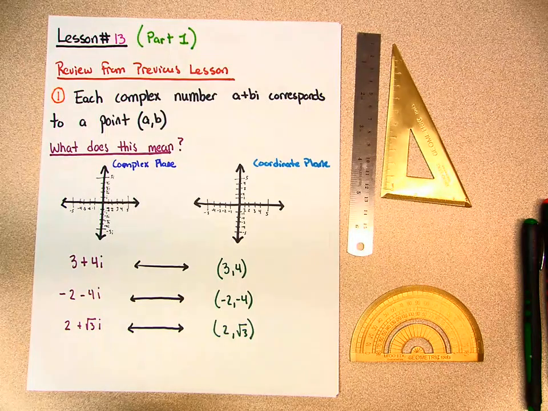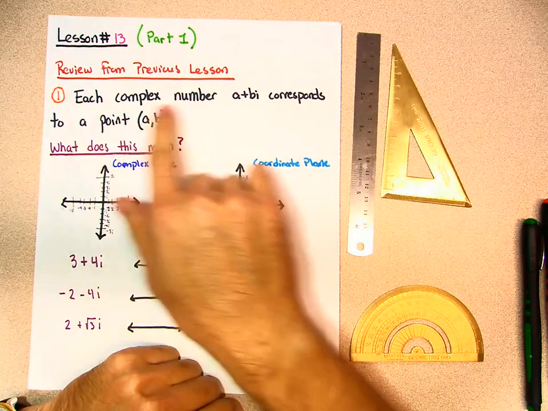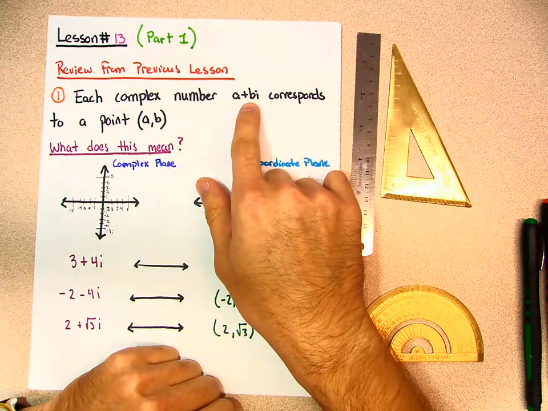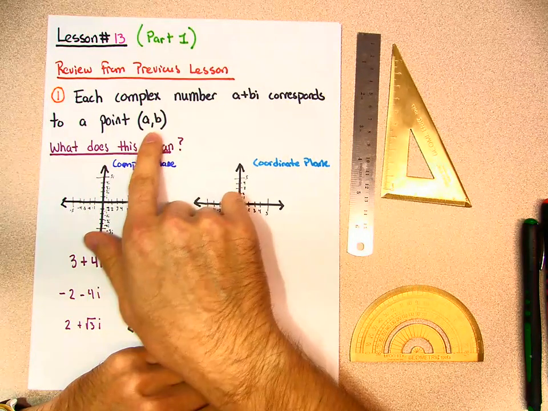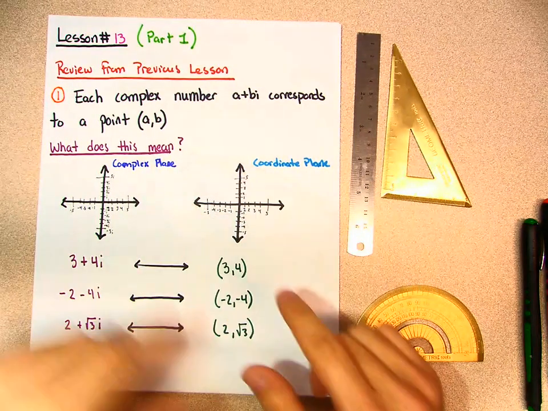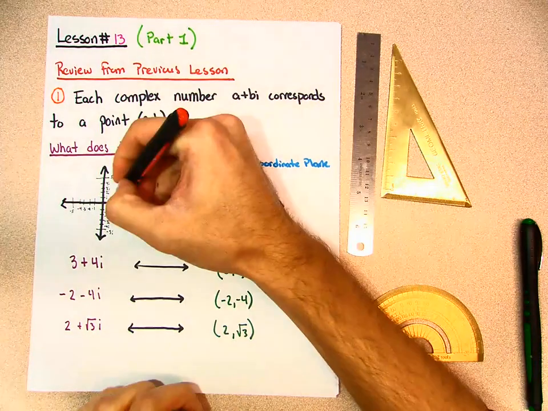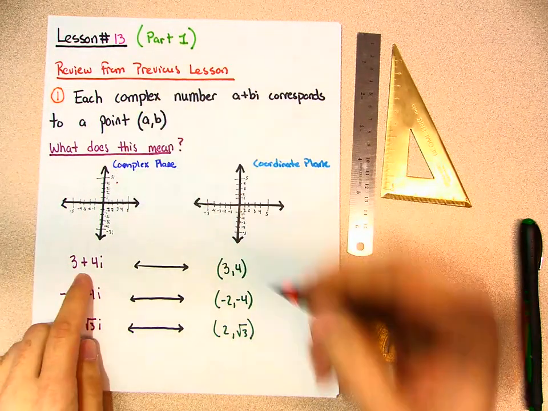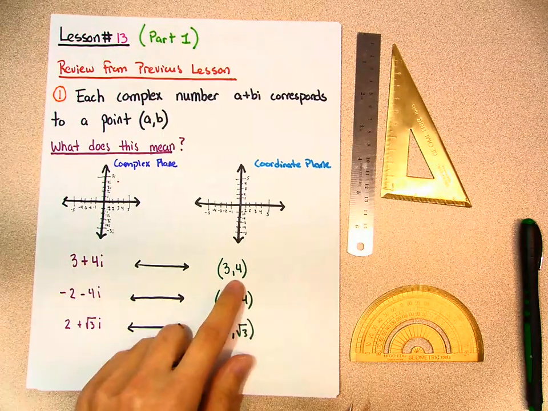Some review from the previous lesson: each complex number a plus bi corresponds to a point (a, b). So if I take a complex number such as 3 plus 4i, it is right here. But if I wanted to make that into a coordinate point, it's just (3, 4).